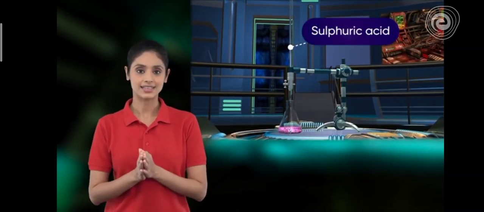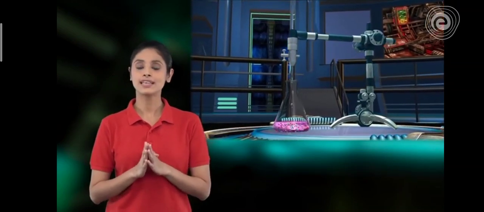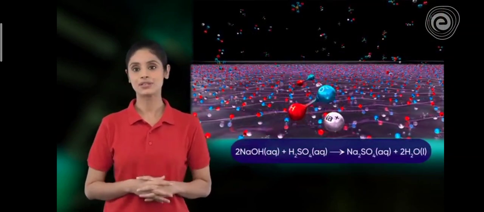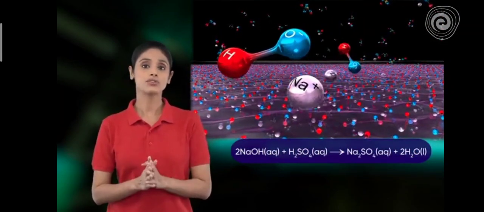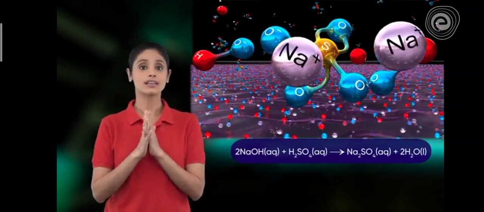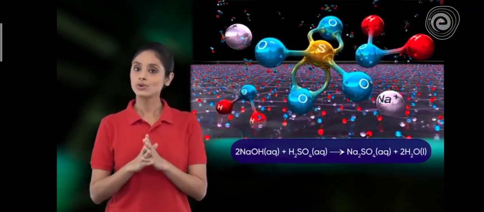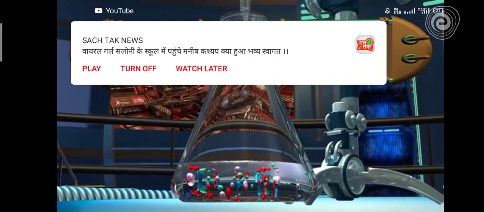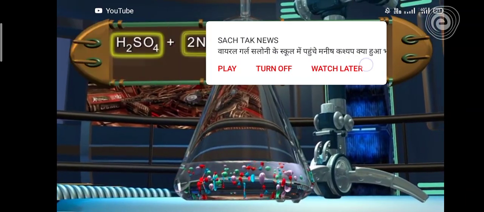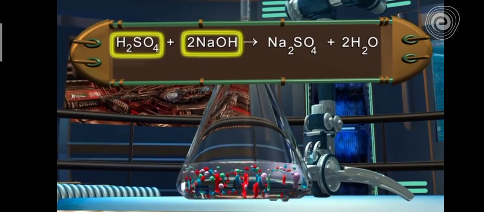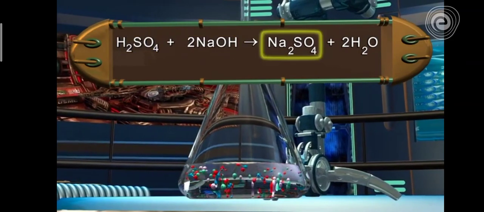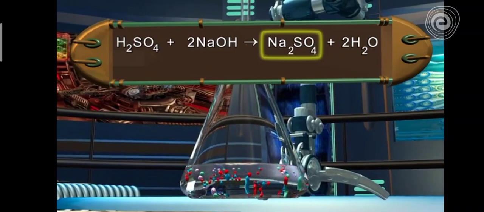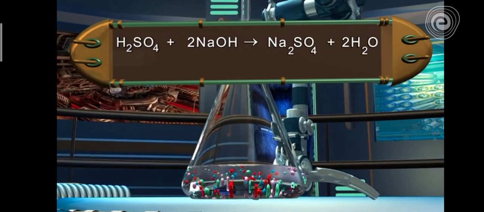If instead of HCl, a sample of sulfuric acid is titrated against sodium hydroxide, the chemical reaction taking place in the flask will be different. Here, sodium hydroxide gets neutralized by sulfuric acid and sodium sulfate is formed along with water. 1 mole of sulfuric acid reacts with 2 moles of sodium hydroxide to form 1 mole of sodium sulfate and 2 moles of water.